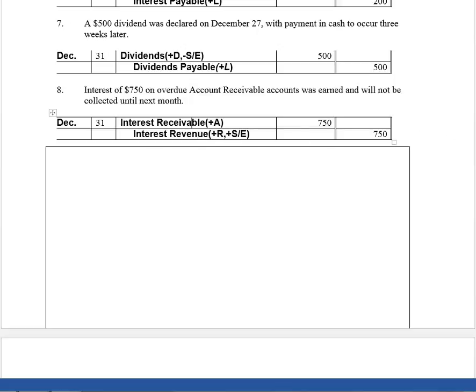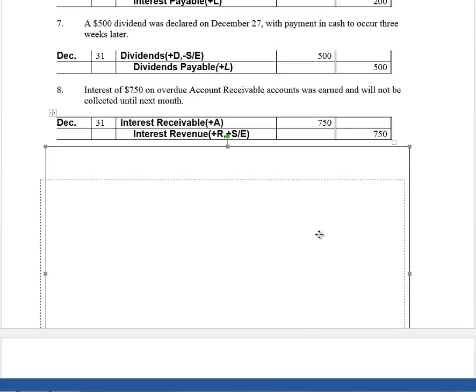So we've created a receivable for interest, and we've also got interest revenue. You can see here the interest revenue is going to be part of our new income statement, right? When we do the income statement later on, it's going to be up there as part of our revenue. And this is going to be a new asset, interest receivable. Again, it's going to be collected next month, so the receivable is a current asset.